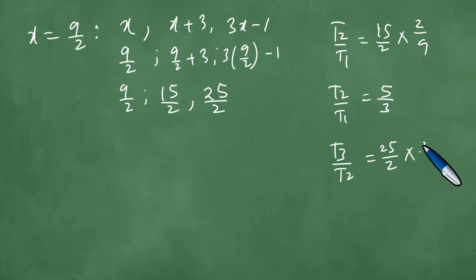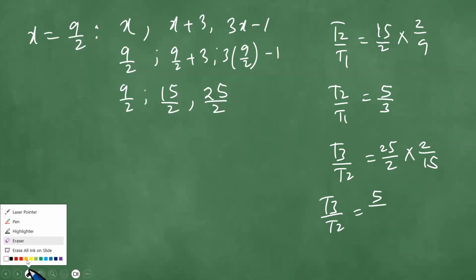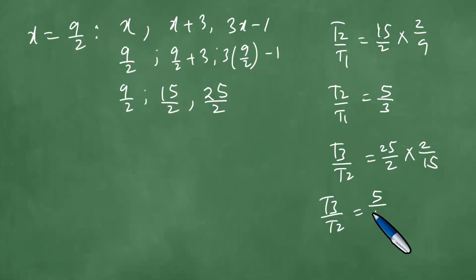You divide by T2, which is 15 over 2, so 2 cancels, 5 goes into 25 five times and 5 goes into 15 three times. Okay, and so this here becomes the common ratio, 5 over 3.